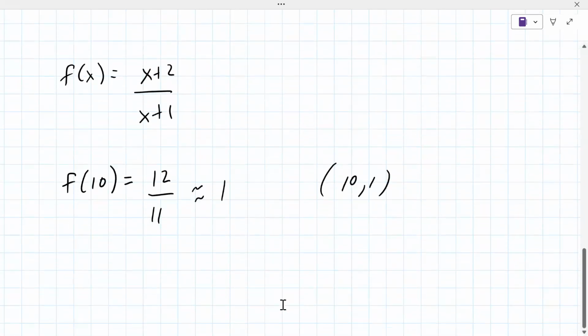All right. And then f of negative 10, what would that become? Negative 7 over, yeah, negative 7 over negative 10. Remember, you're putting that back in here.